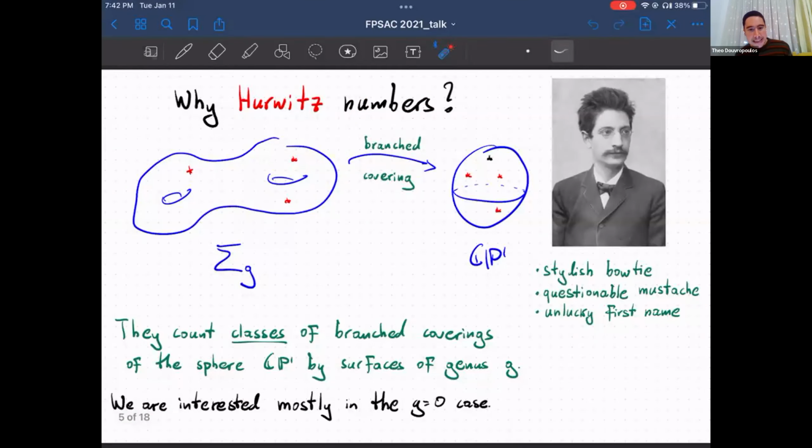So why do they call them Hurwitz numbers? Again, it was because they started with the work of Hurwitz, who was interested in enumerating Riemann surfaces. In fact, Riemann surfaces that could be branched over the sphere, with prescribed monodromy around the branch points. This was really interesting because it happened before we had modern-day topology by Poincaré.